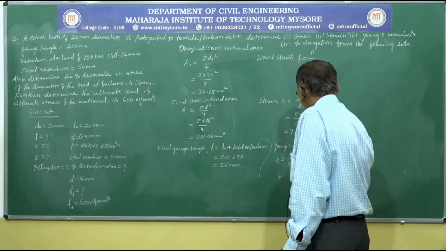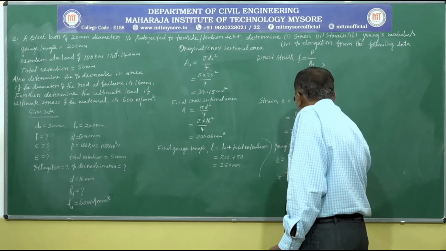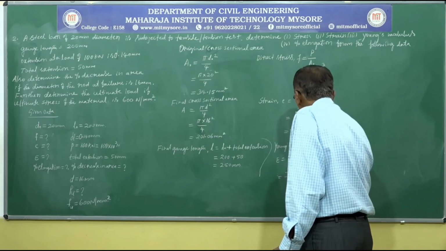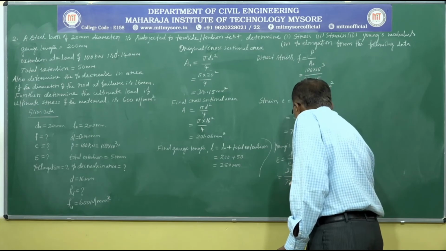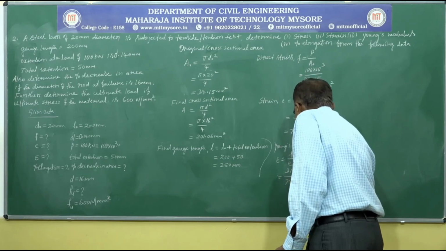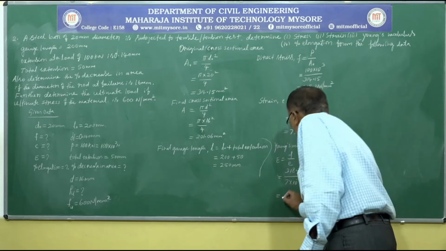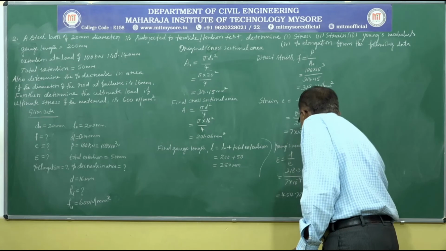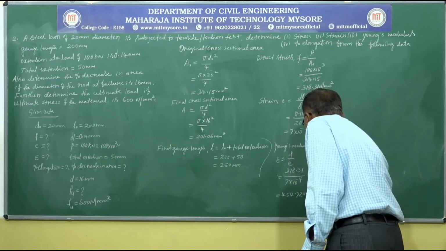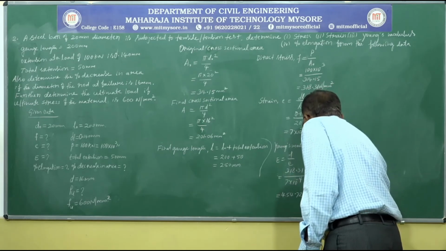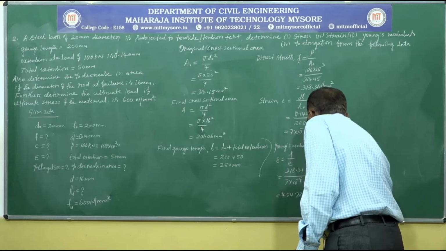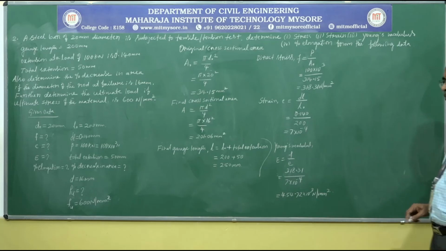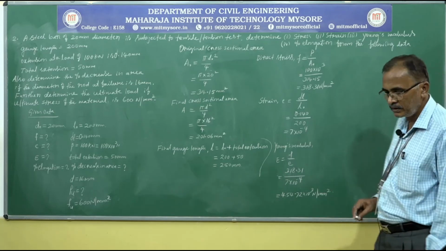Here the obtained stress is 318.31 divided by 7 into 10 power minus 4, that is equal to 454.72 into 10 power 3 Newton per millimeter square. So we got a very high value of Young's modulus, 454.72 into 10 power 3 Newton per millimeter square.